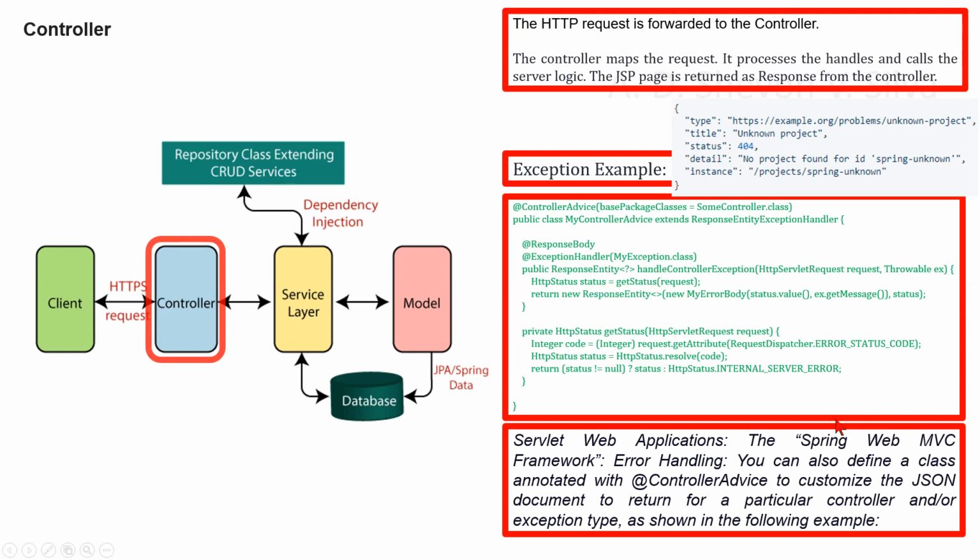In this example, if my exception is thrown by a controller defined in the same package as some controller, a JSON representation of the my error body POJO is used instead of the error attributes representation.